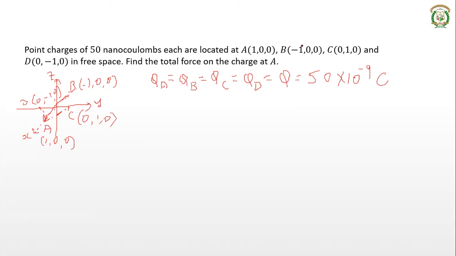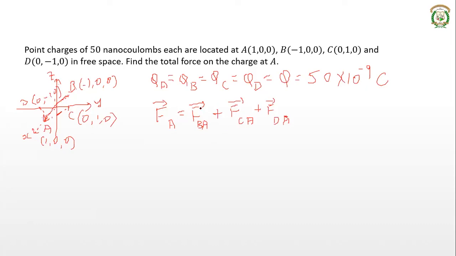Then the coordinates are given for A, B, C, and D. The total force on the charge A, FA, is given by the force due to charge B on charge A, that is FBA, plus the force on charge A due to charge C, that is FCA, plus the force on charge A due to D, that is FDA. So FA equals FBA plus FCA plus FDA.